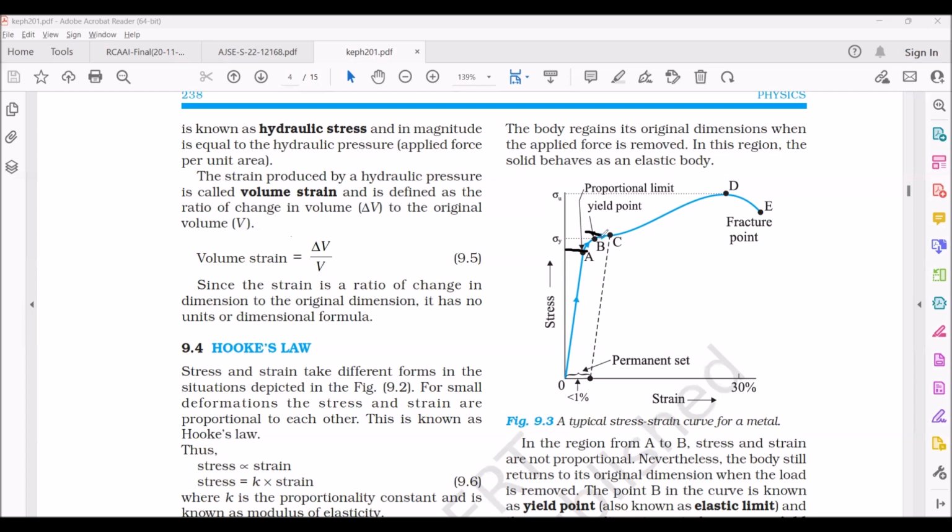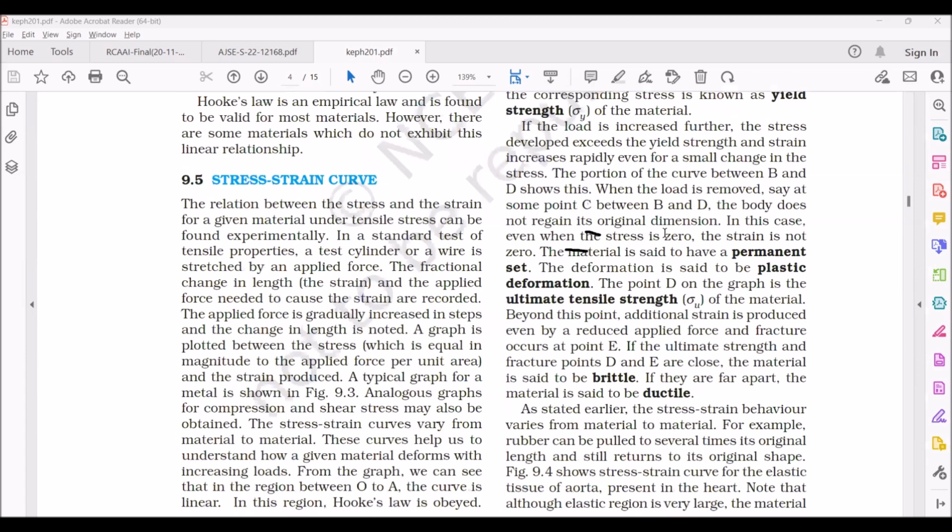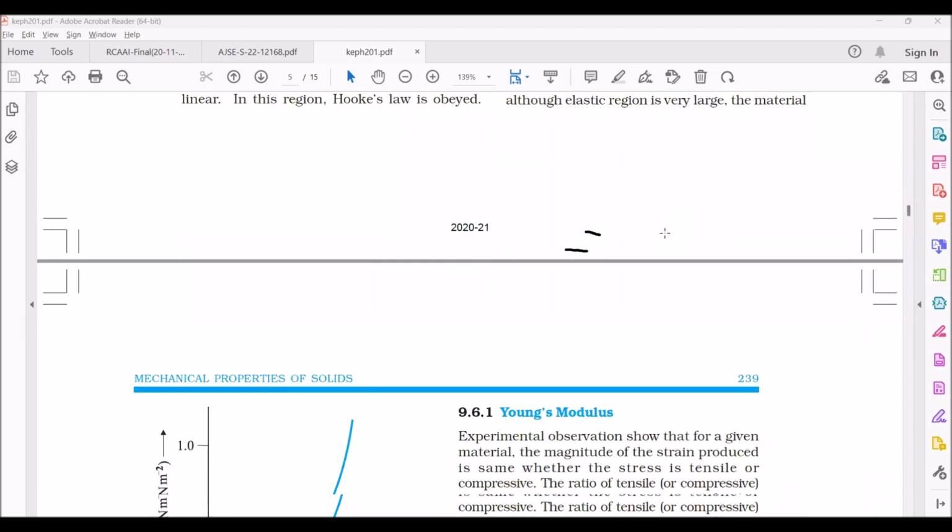If these 2 points are very far away from each other, that means the material is ductile. Based on the distance between these 2 points, we can tell whether the material is brittle or ductile. And as we mentioned, this curve is not the same for all materials.